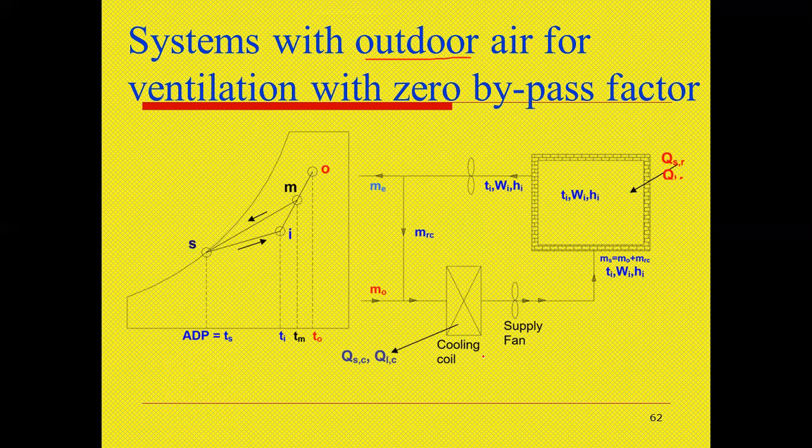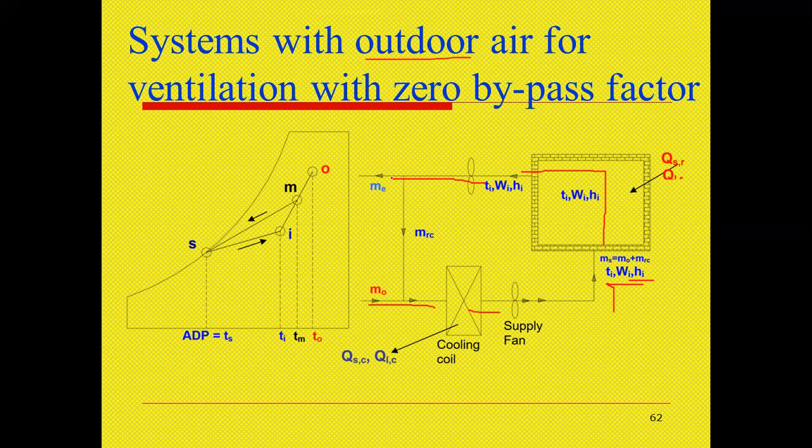See here, this is a cooling coil and the supply fan. From the cooling coil and the supply fan, the mass of air is going inside with the indoor temperature, moisture content and enthalpy, and from here it is going in this direction, Ti, Wi, Hi.